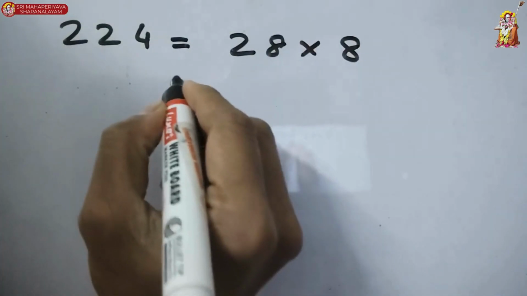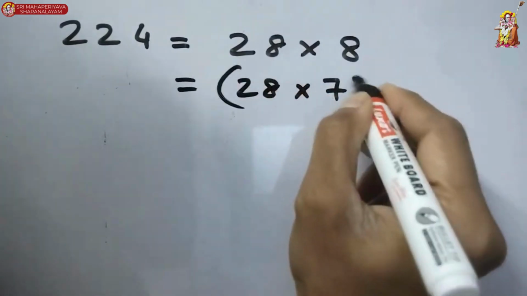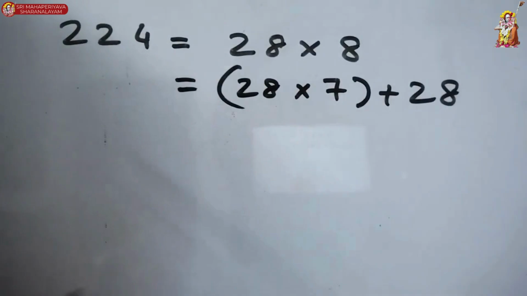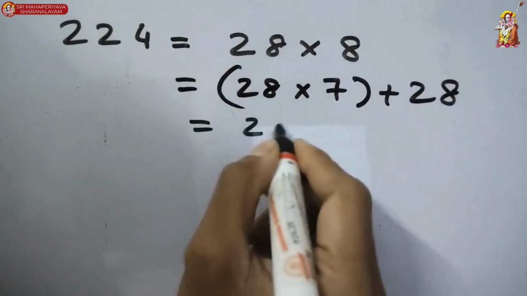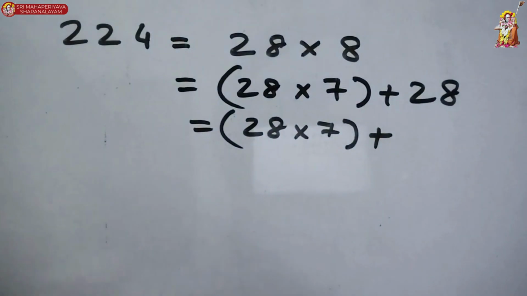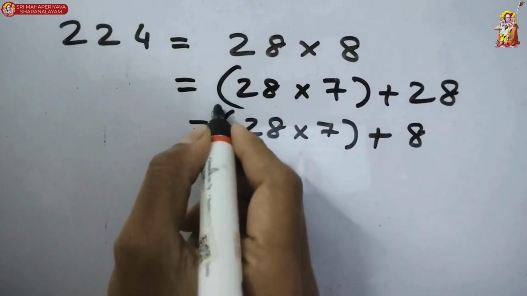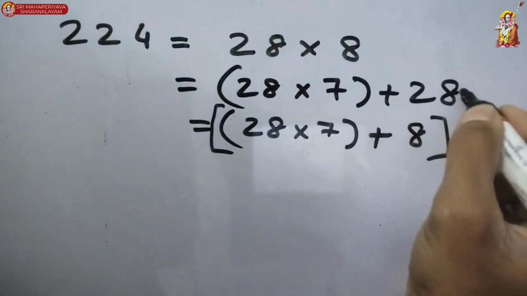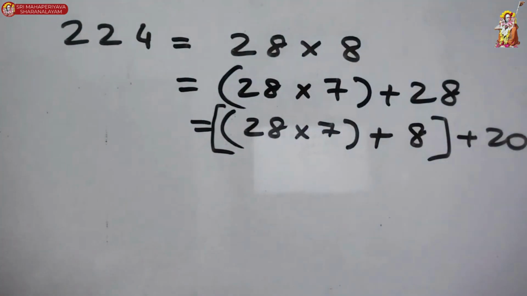Let's put it this way. 28 into 7 plus 28, right? That is equal to 28 into 7 plus, the question says it leaves remainder 8, right? So let's put 8 over here. So this 28 is split as 8 plus 20, you got it?